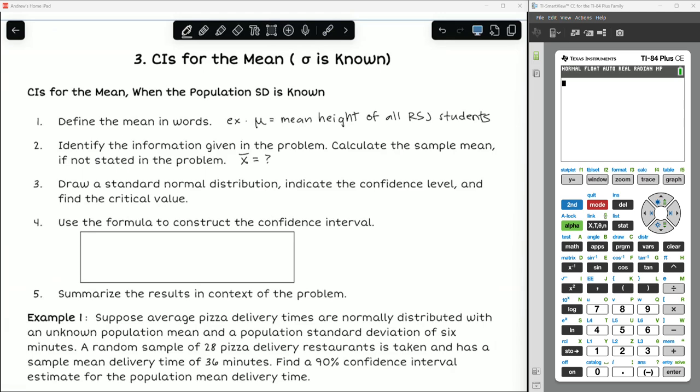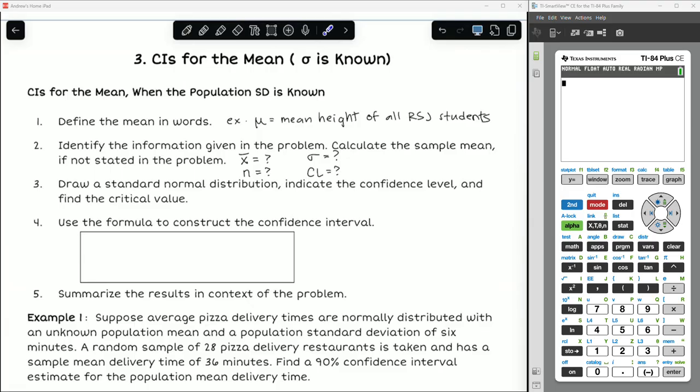I know I need my sample size in order to calculate the standard error. I also need the population standard deviation for my standard error calculation. Those should be given in the word problem. And then I know that I need a confidence level. So I should label those with the values I was given in the problem.